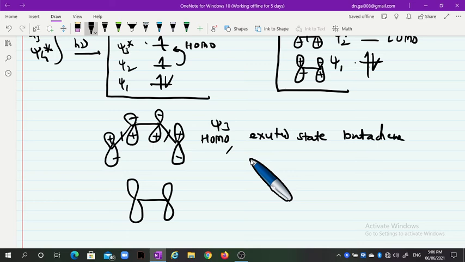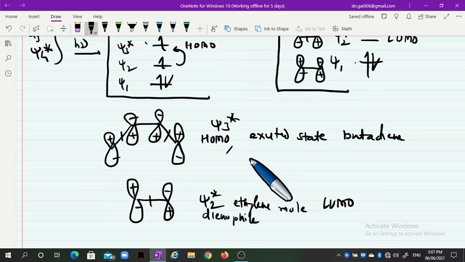For the ethylene molecule, Psi2 star is our LUMO. For the dienophile, it is not an excited molecule.